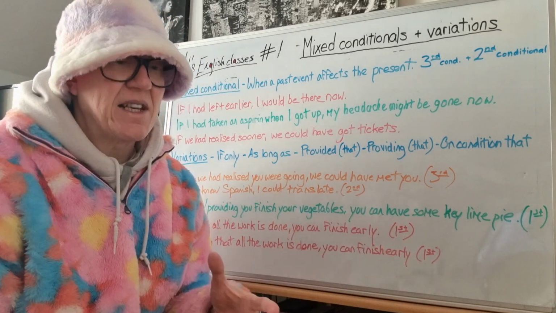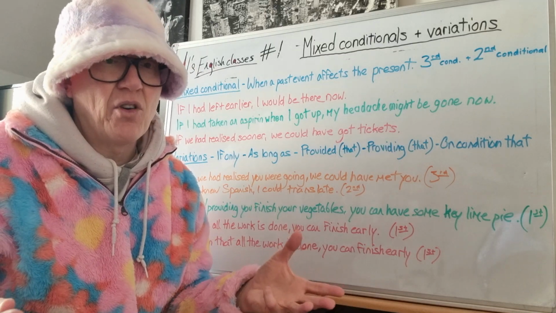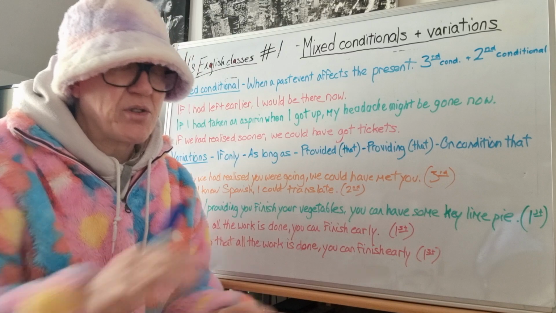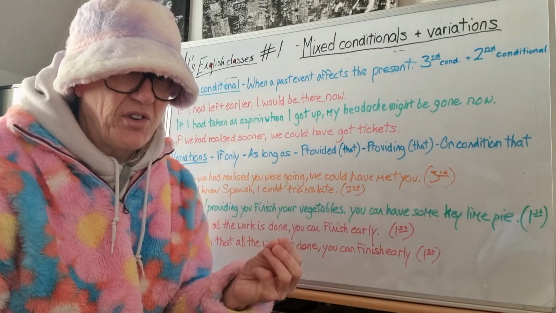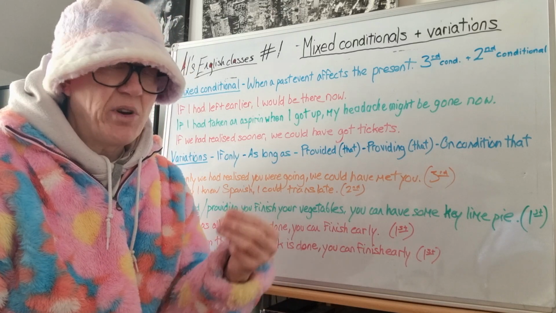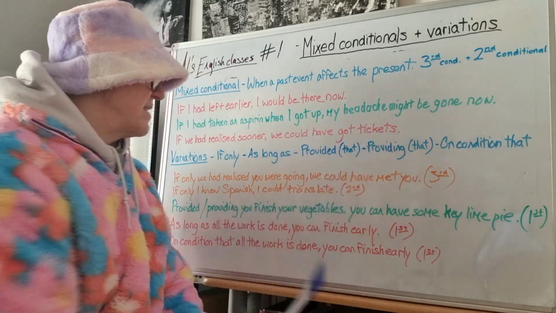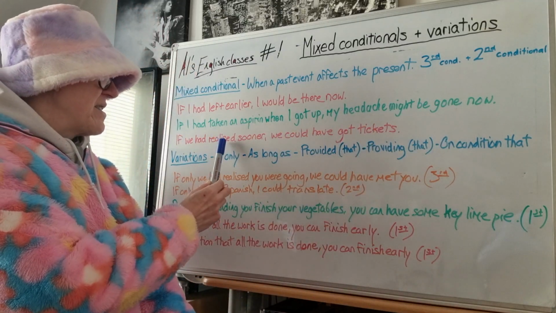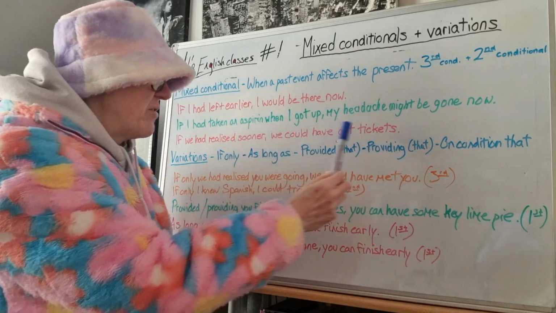So you try to get tickets, it's sold out. The tickets have only been available for 6 hours, but they're sold out. If we had realized sooner, for example, if we had known the tickets were going on sale at 8 a.m., we could have got tickets. If we had realized that the tickets were available sooner, we could have got tickets.